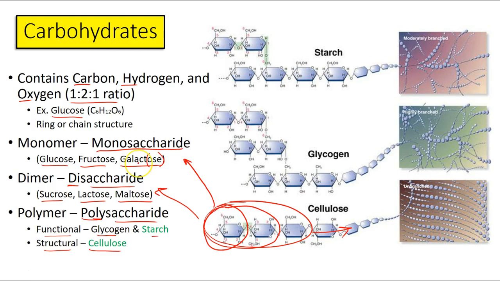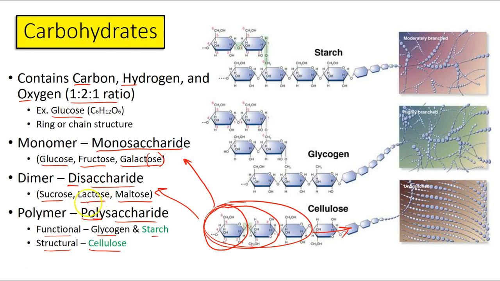Glucose, fructose, and galactose are the monosaccharides. Glucose obviously being the simplest, most important, most studied, most understood monosaccharide because glucose is in fact the energy source for the cells in your body. Disaccharides, sucrose, that is table sugar, that is the sugar that most people probably think about when they think of sugar.